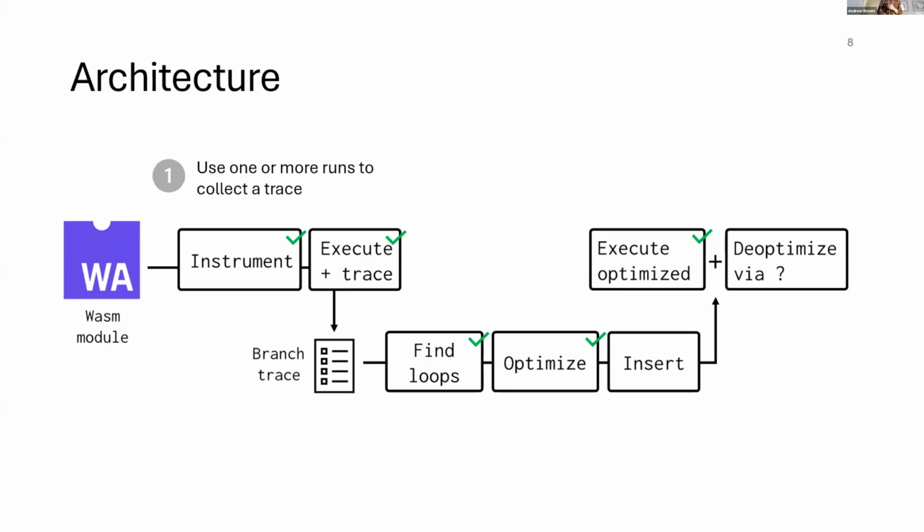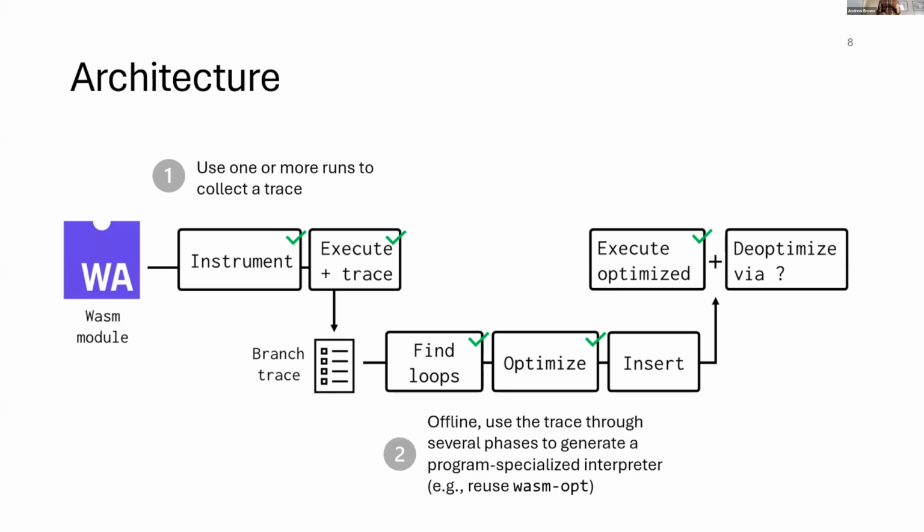So how does this work? First, we take a WebAssembly program plus interpreter and use one or more runs to collect a trace. Then offline, we use the trace to specialize this interpreter to the program. Ideally, we'd use an existing optimization tool like Wasm Opt.